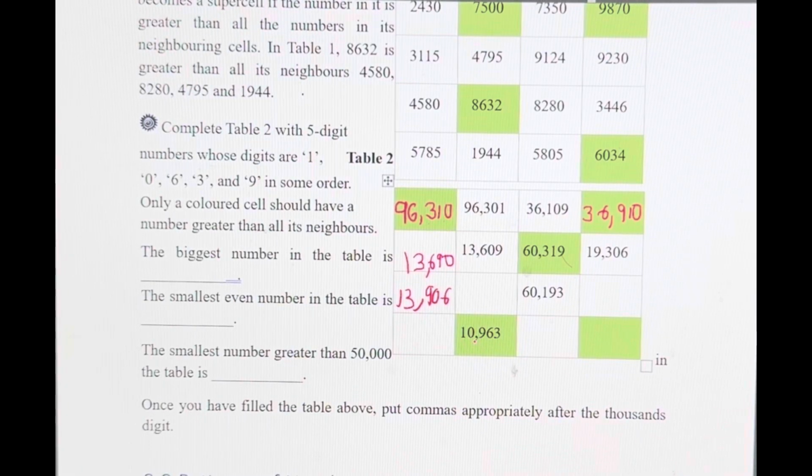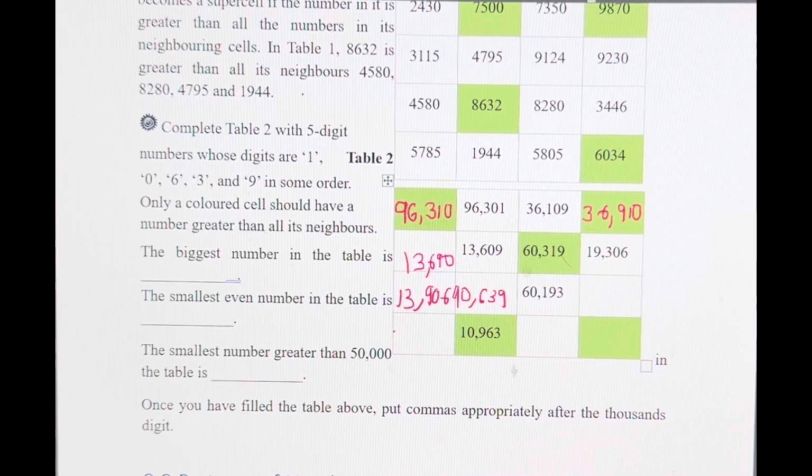Now you want to make 10,963 a supercell, so all the neighboring numbers should be less than that. That care you have to take. So we take 10,639, suppose, right? So it is less than this.